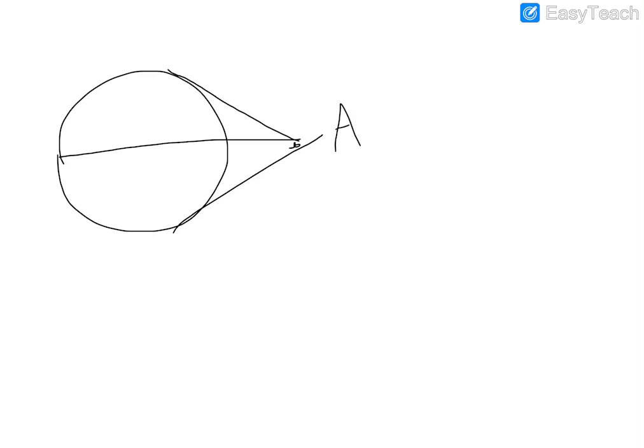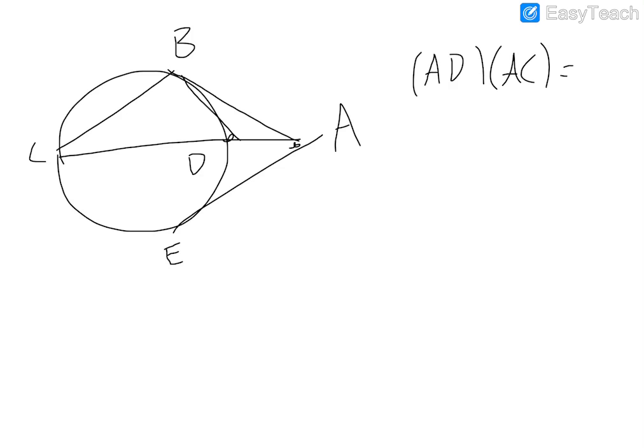I'll label these A, B, C, D, and E. I'll also draw 2 lines here. Now, what we're trying to prove is that AD times AC is equal to AB squared. That's just saying that for this secant line, this length times this length is equal to this length squared.